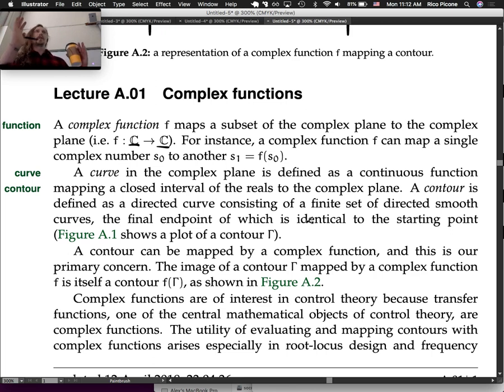So you take something on the real number line and you map it to the complex plane. Okay? A contour, and this is going to be our focus, is defined as a directed curve consisting of a finite set of directed smooth curves, the final endpoint of which is identical to the starting point.